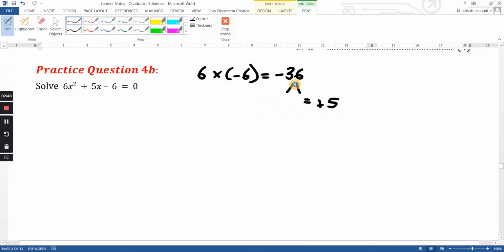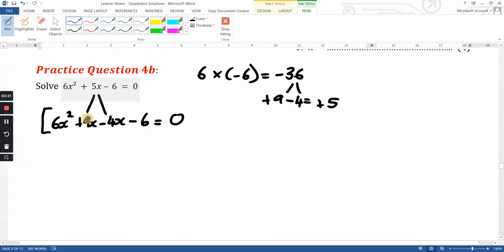So two numbers that give me minus 36, at the same time give me 5. What's that going to be? Definitely 9 and a 4, isn't it? Yeah. And that's got to be positive, that's got to be negative. So let's split this. I'm going to put positive 9x here, minus 4x here. Let's bring that down. Let's bring that other one down.